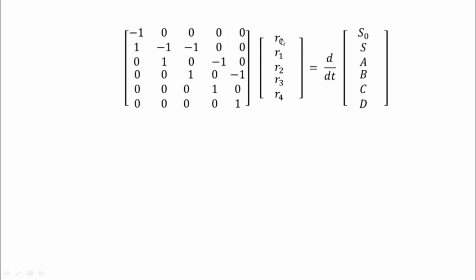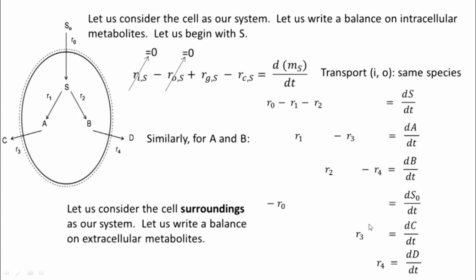This term into this term, plus this term into this term, plus this term into this term, plus this term into this term, plus this term into this term equals this term. So minus R0, the other terms are all 0 for the first term. Minus R0 is d/dt of S0, which is what this one says.